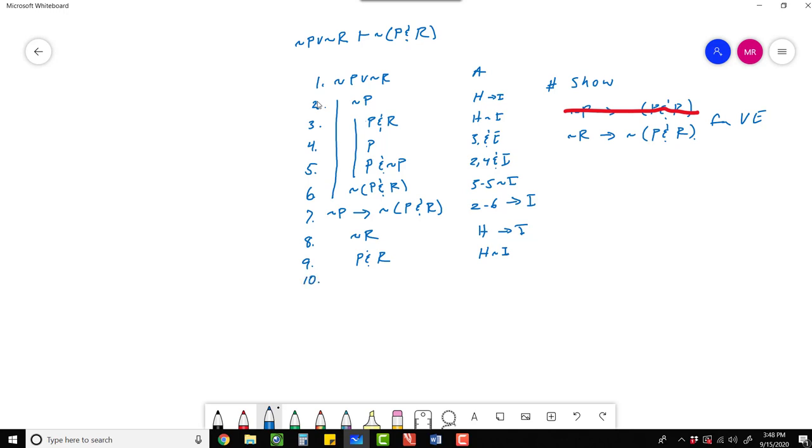And then, again, I see a contradiction, R, 9, and conjunction elimination, and R and not R by 8, 10, conjunction introduction. Got my contradictions, so now I can assert once again it's not the case that P and R.